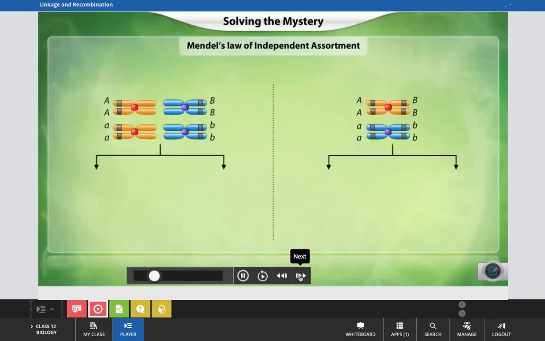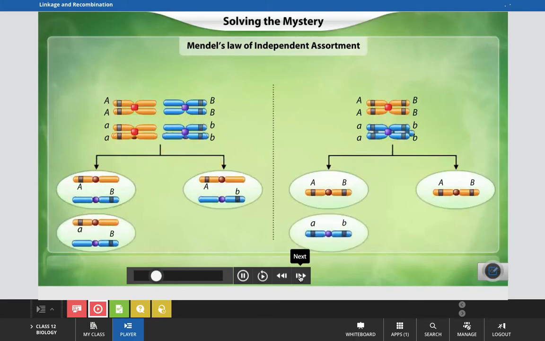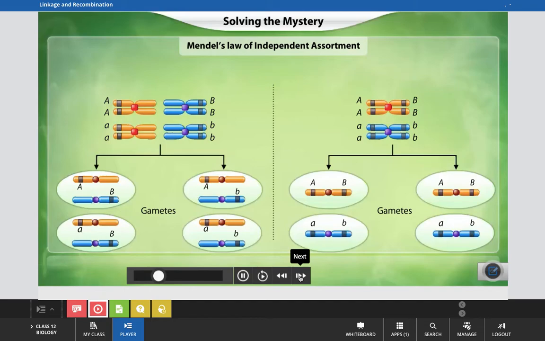According to Mendel's third law, the genes responsible for two different traits assort independently. But actually, this can happen only if the genes are on different chromosomes or far apart from each other if they are on the same chromosome.